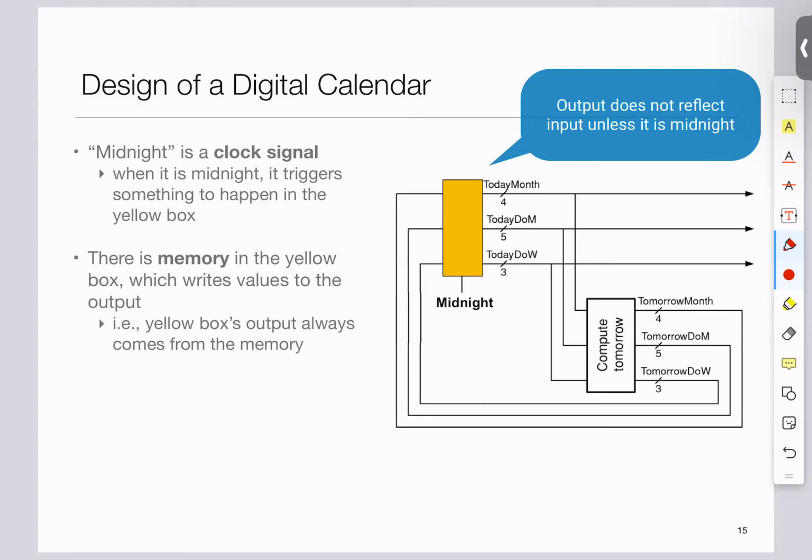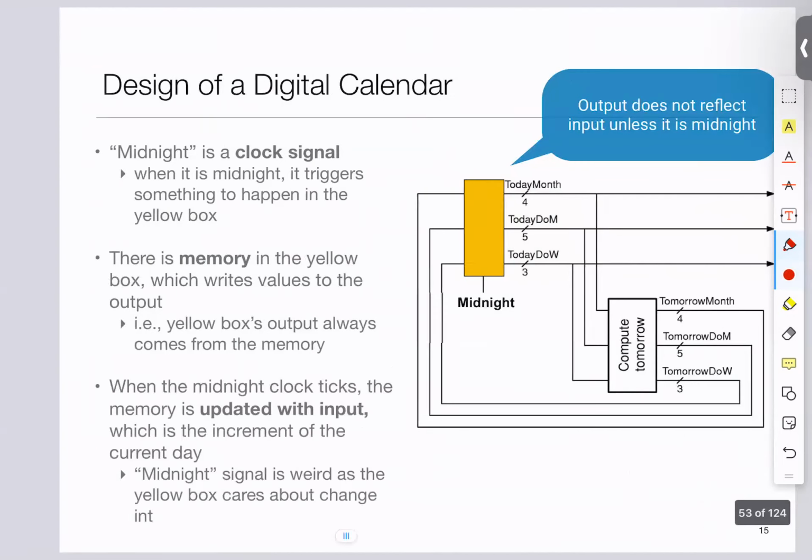So we see that in software quite a bit. In hardware, it becomes more explicit. We need some place to store those variables, those memories. And in this case, I've abstracted it as this yellow box, where at the tick, the content of the memory is updated. At all other times, output is reflecting the content of the memory.